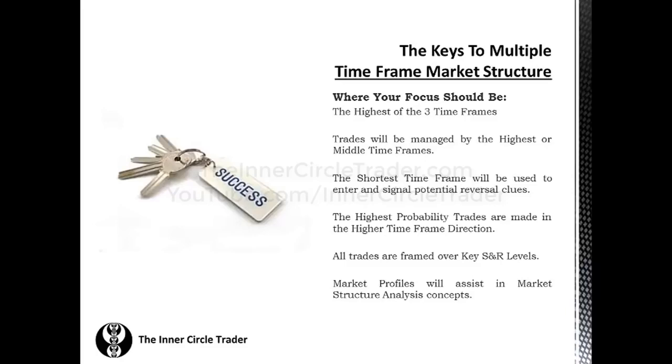Then your 1-hour chart would facilitate the specific entry point. Okay, so in other words, you would do your entry concepts and techniques on the 1-hour chart for swing trades. The highest probability trades are made in the higher time frame direction. Okay, now there are going to be instances where the higher time frame premise may be bullish, but you're approaching a key resistance level, so that may be trumped.